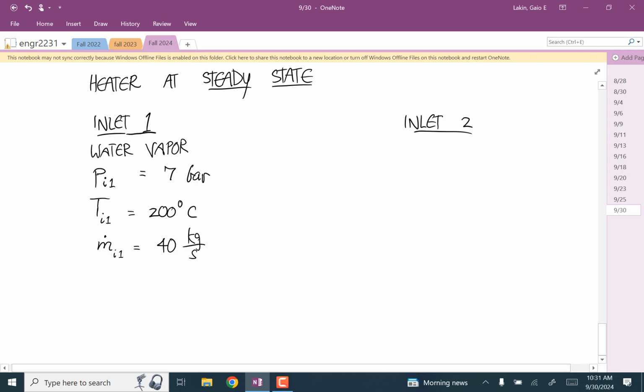And then at inlet 2, we have liquid water, also at a pressure of 7 bar. The temperature is 40 degrees Celsius. We happen to know the area of this aperture is 25 times 10 to the minus 4th meters squared.